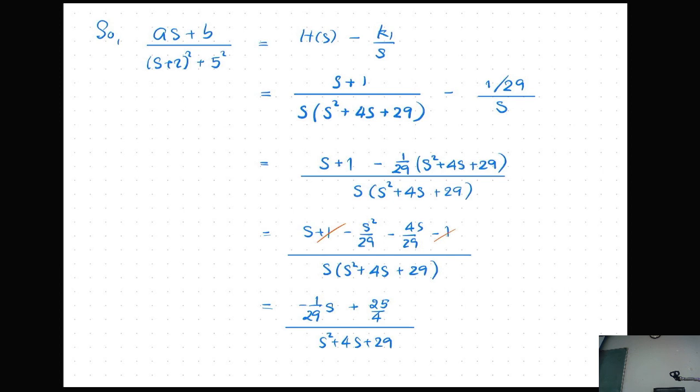Right? So now I can compare the coefficients, and right away I can see that A is equal to minus 1 over 29 and B is equal to 25 over 4.